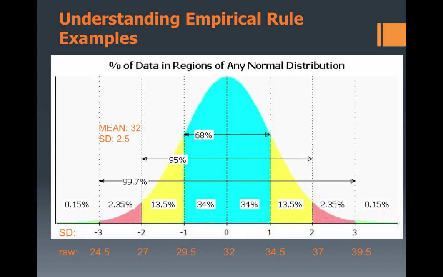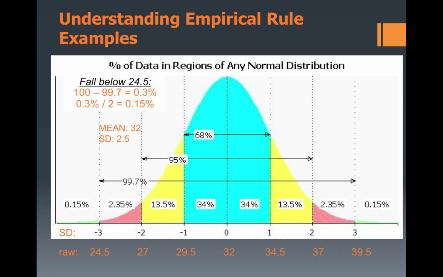Now that we've identified the raw scores underneath our curve, we can use the empirical rule. If we wanted to know the percentage of all scores that fell below 24.5, we know that 24.5 corresponds to 3 standard deviation units below the mean. And plus and minus 3 standard deviation units contains 99.7% of all scores.